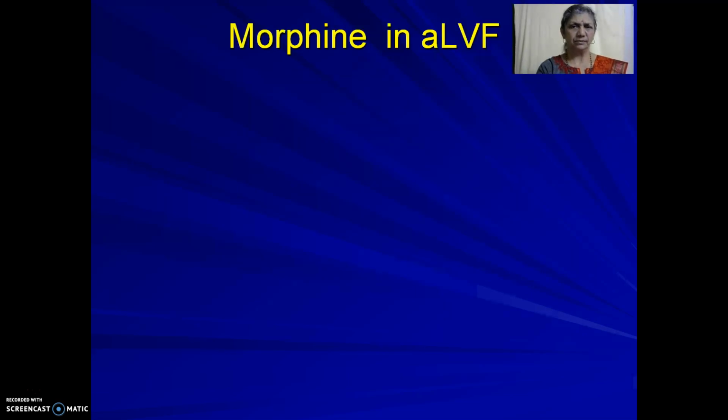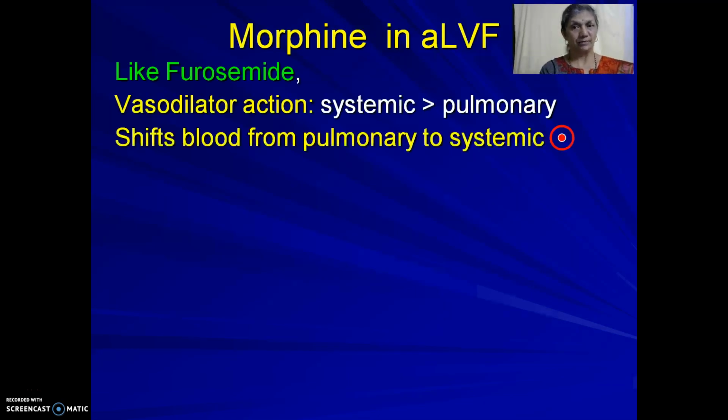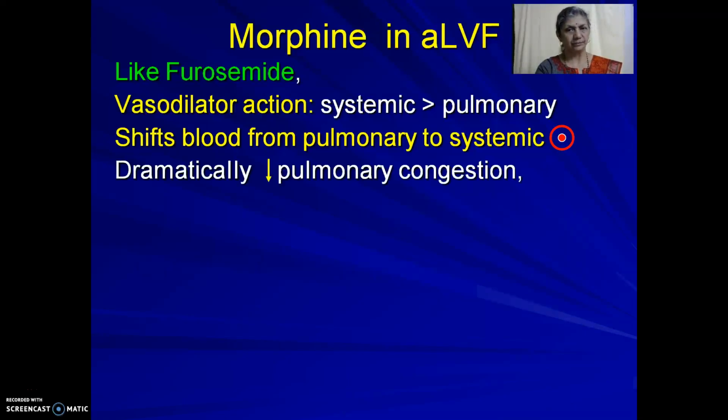Morphine is a very effective analgesic agent, but these patients in acute aLVF are not complaining of any pain. Then why morphine? Because morphine, like furosemide, has a vasodilator effect, which is more in systemic circulation than pulmonary, and therefore morphine can also dramatically relieve pulmonary congestion and respiratory distress.